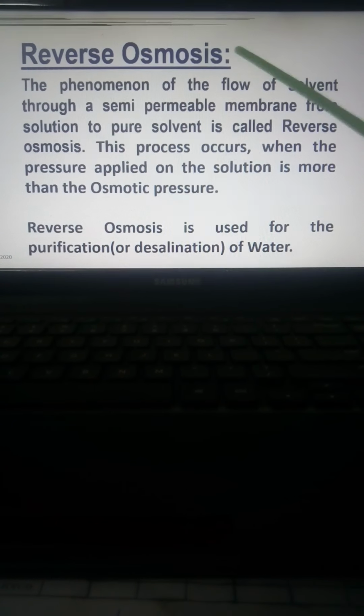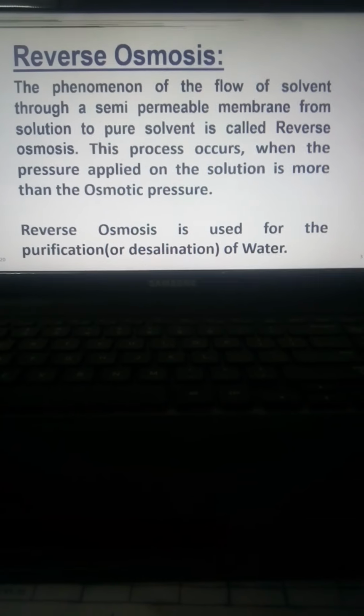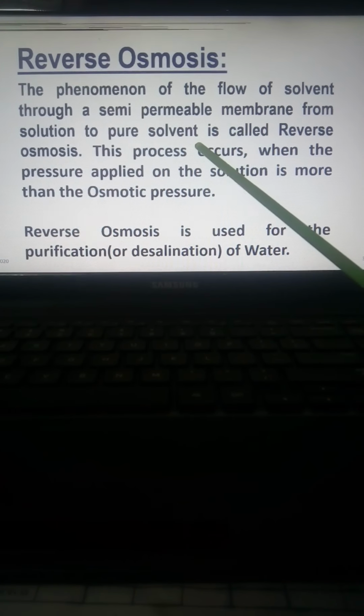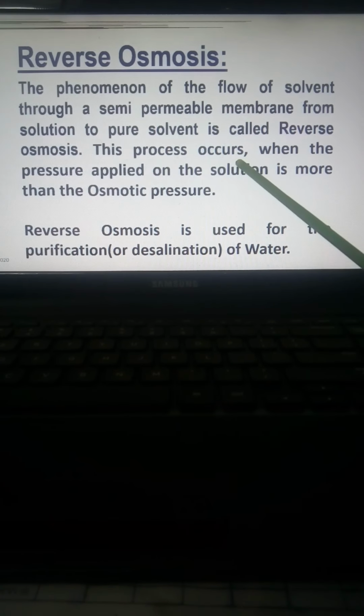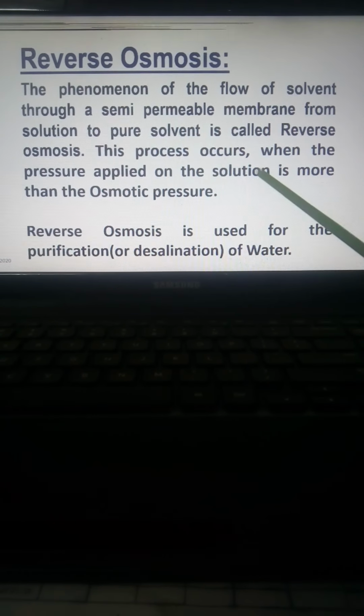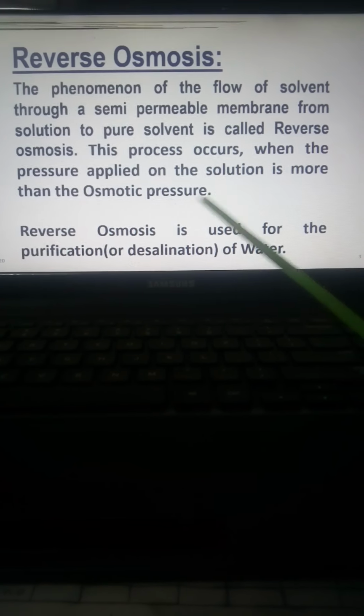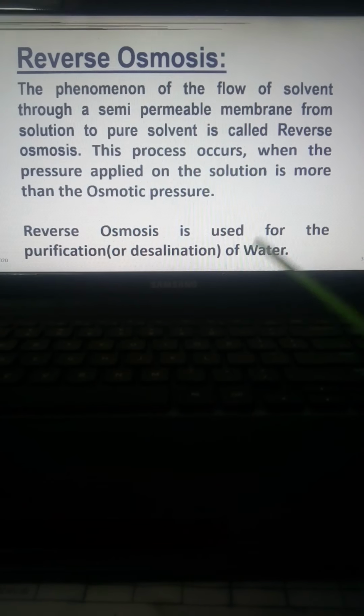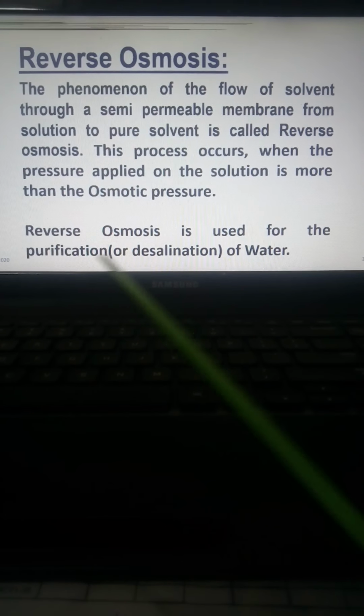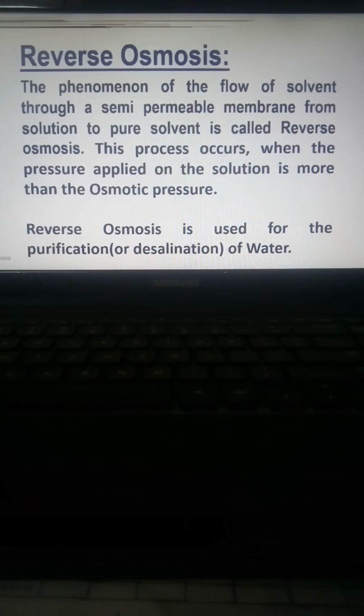So the flow of solvent through a semi-permeable membrane from solution to pure solvent is called reverse osmosis. This process occurs when the pressure applied on the solution is more than the osmotic pressure. Reverse osmosis is used for the purification or desalination of water.